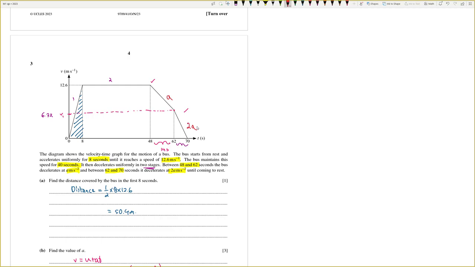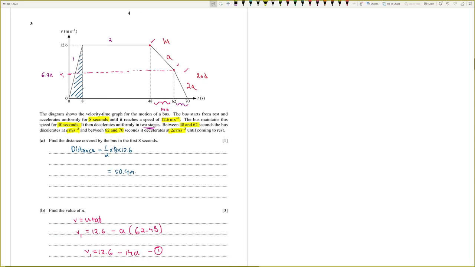Okay, so we are going to do it in two phases. This is the first phase and this is the second phase. So what is our initial speed over here? 12.6. And what is the final speed over here? We can call it v for now. So we can simply use v equals u plus at.